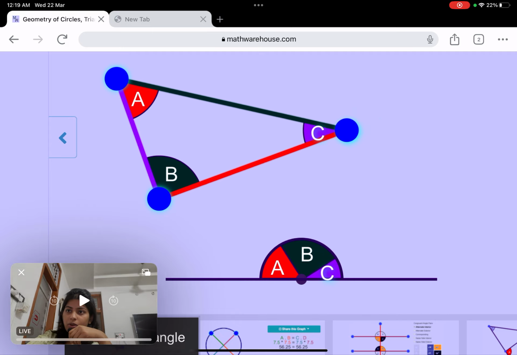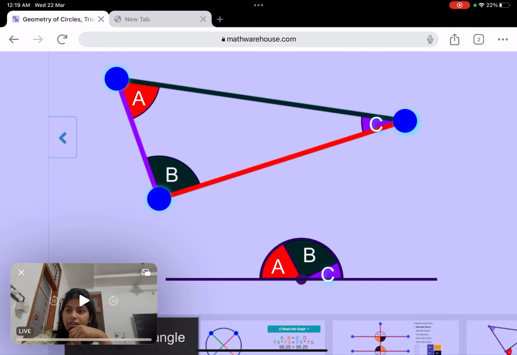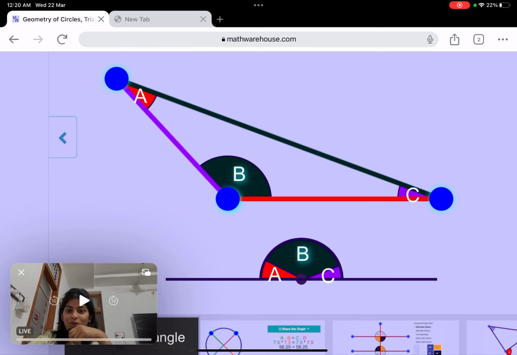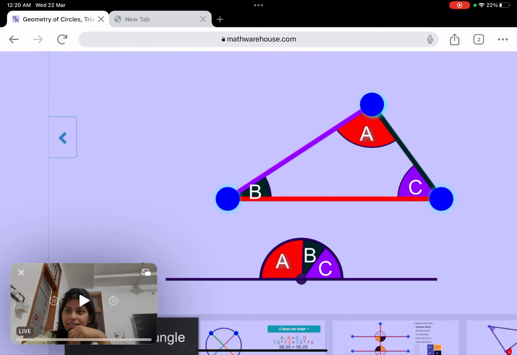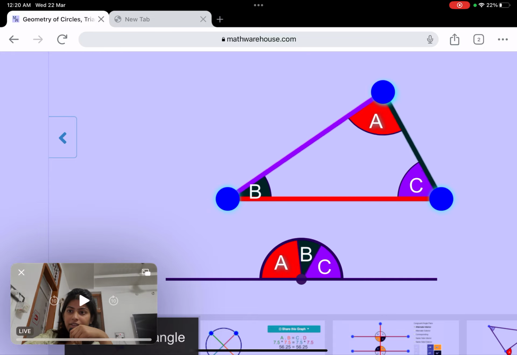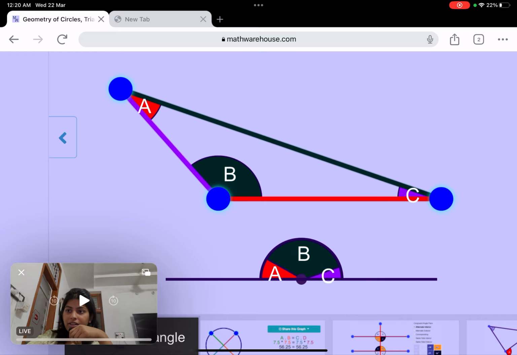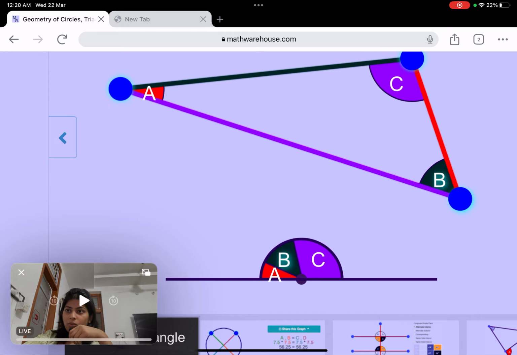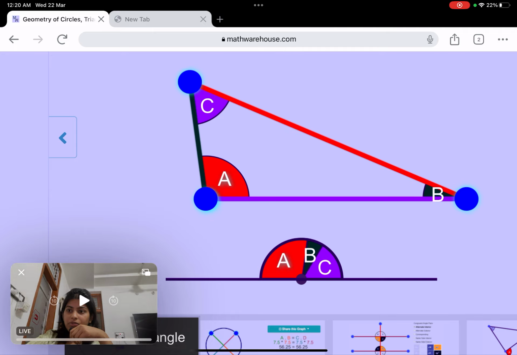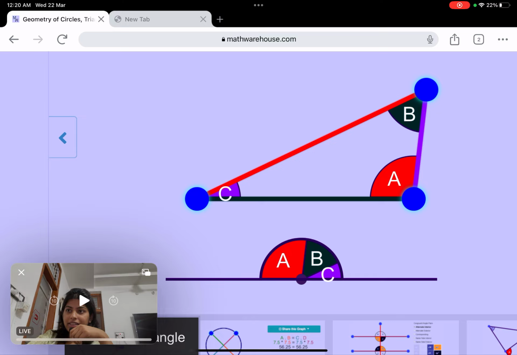If I'm changing one angle, either way what I'm doing, I'm either increasing or decreasing the other angles so that the sum always remains 180 degrees. See, in this case, I'm changing the angle A, and accordingly the other two angles adjust. Whatever I do, the sum of the angles will always be 180 degrees.